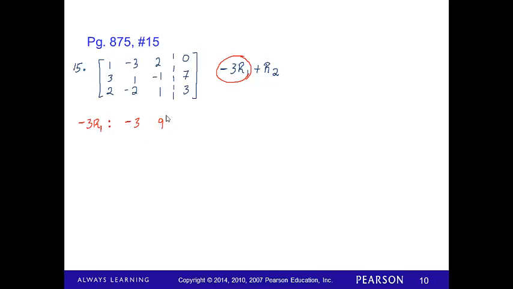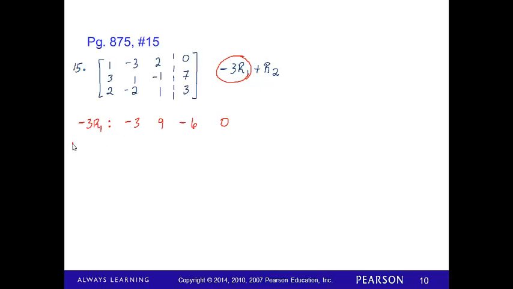Leave a little space in between, because remember, we're not adding or subtracting these, we're just changing these elements. So negative 3 times row 1 becomes negative 3, 9, negative 6, 0: 1 times negative 3, negative 3 times negative 3, 2 times negative 3, and 0 times negative 3.